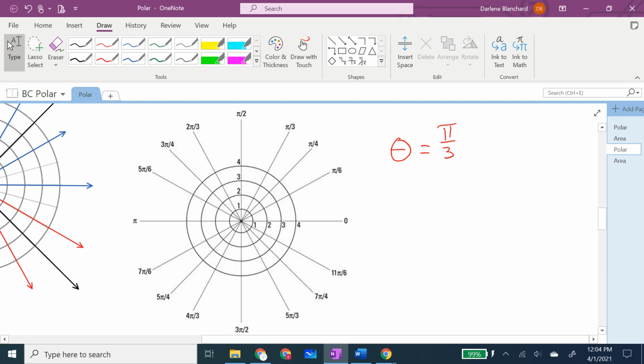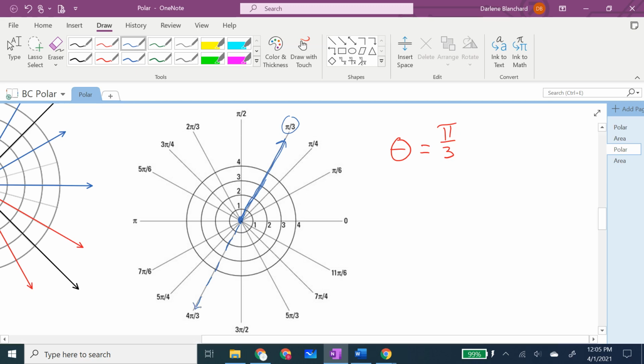Now, there's an understanding, though, that at pi/3 itself, positive r's are graphing along there. And then on the opposite, I'm doing dashes because often we do dashes to try and show that it's a negative side, especially when we've got something rotating.